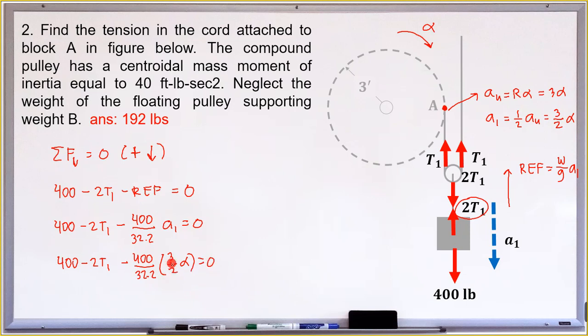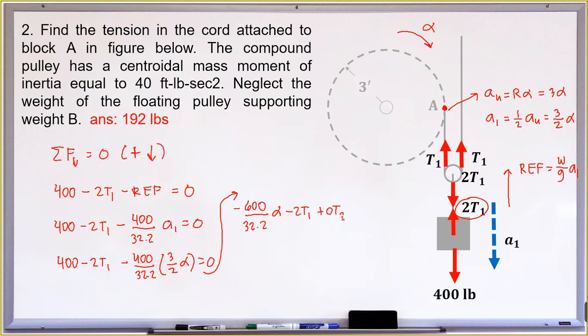Okay? So 3 halves times 400, that is 600. So rearranging this, we have negative 600 over 32.2 alpha. Again, 400 times 3 halves is 600. Next, minus 2T1 and possibly another unknown here is T2, so let's add plus 0 T2.